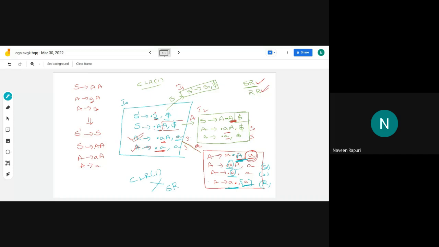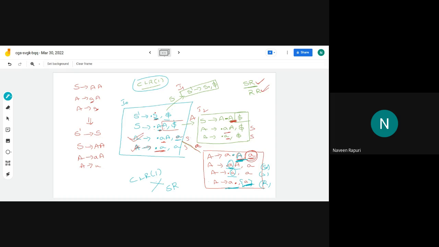That's why we can say that it is not a CLR1 grammar, sir. This is not a CLR1 grammar, because there is a conflict. What conflict is there?